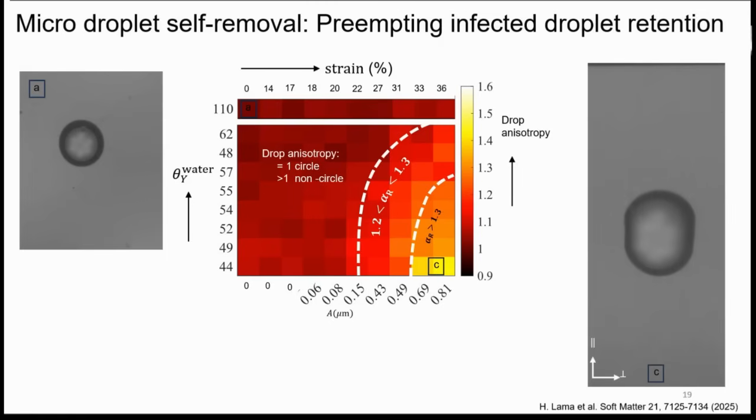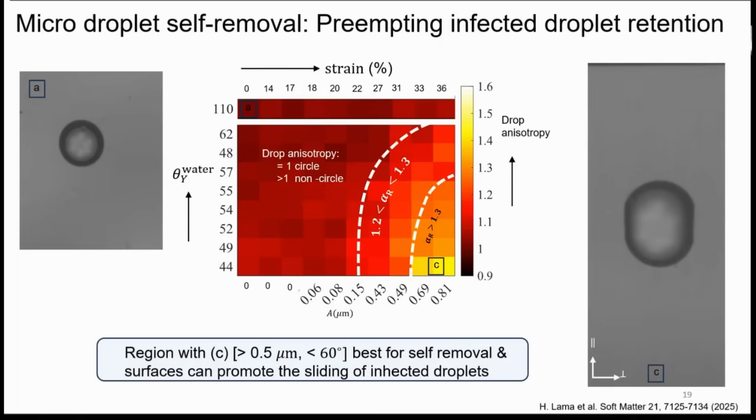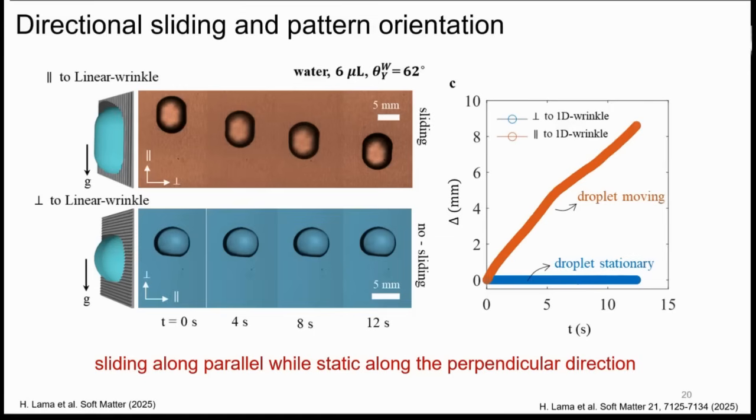But on the horizontal axis is just the height of the pattern. And what you can see here is that in this region, if you make these sufficiently high, if the contact angle is sufficiently low, then these will simply roll right off. So it's one of the first points of intervention, that you can make these things not only bounce, but also if they were to land there, we now have a mathematical tool to tell us what's needed to get potentially infected drops to slide off.